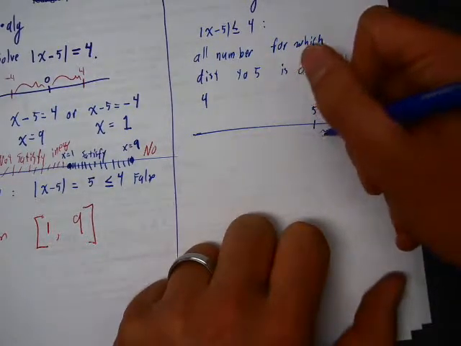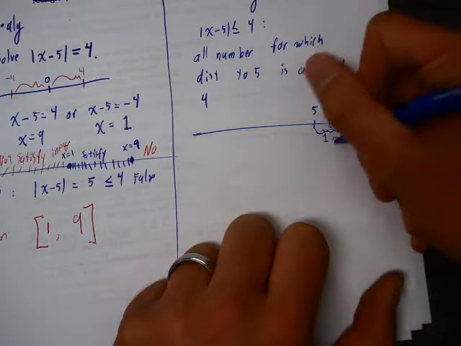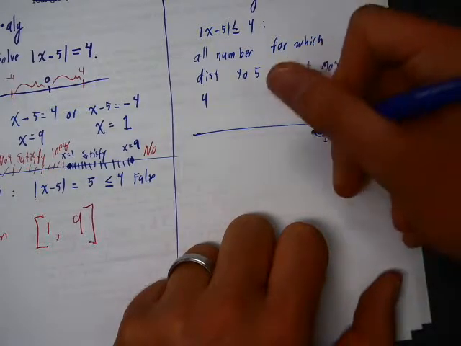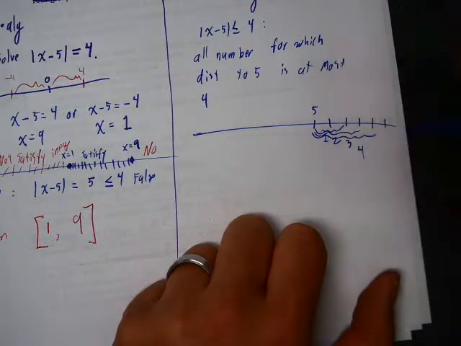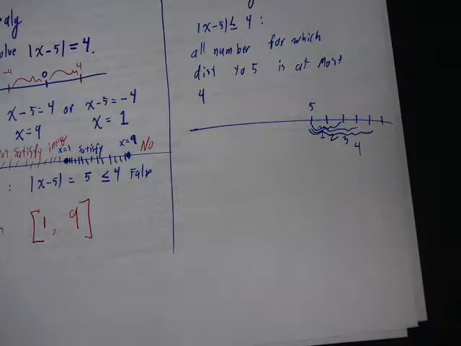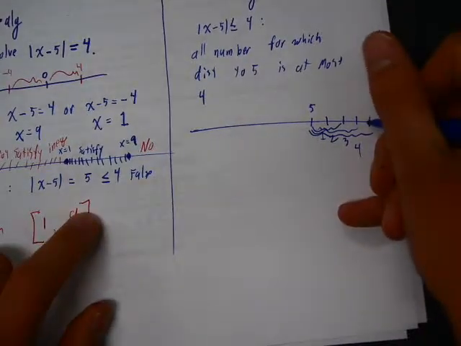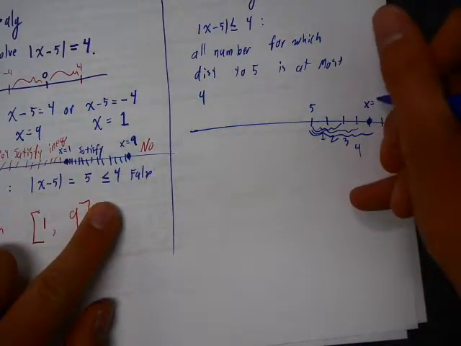There's a distance of 1, 2, 3, 4. And that's as far as I can go, right? If I go any further, I will have gone past 4. So this is one of the endpoints, which is x equals 9.